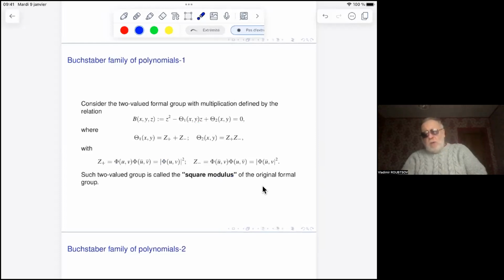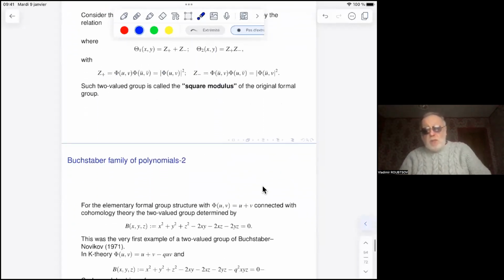So if we have such a formal group, then we have the original formal group phi, then we have z plus and z minus. They define some roots, and these roots give you the series θ1 and θ2, and these series θ1, θ2 define the two-valued group law for these roots.